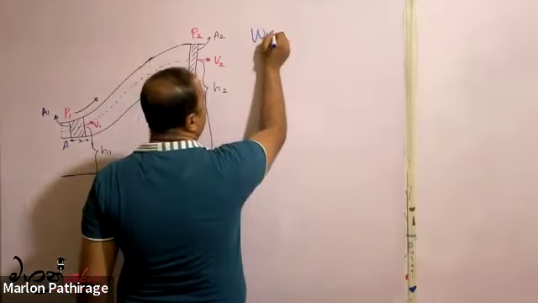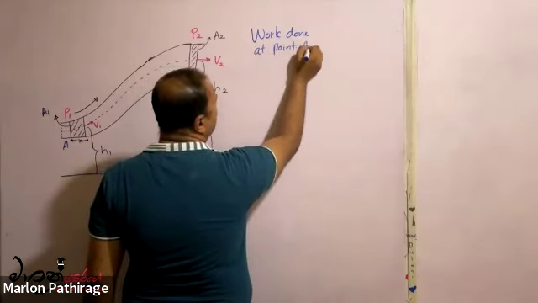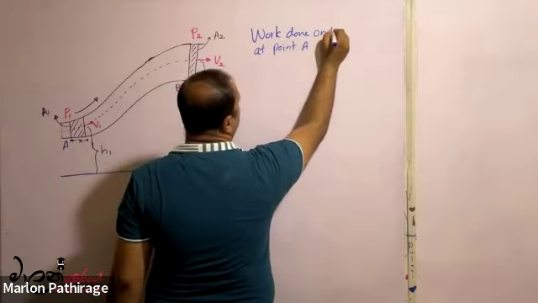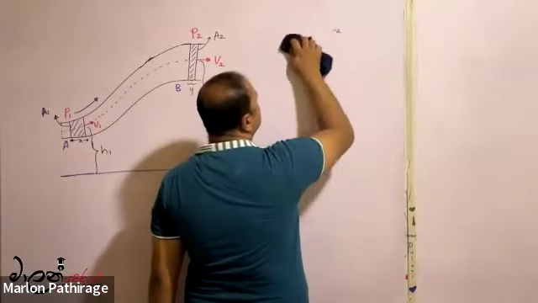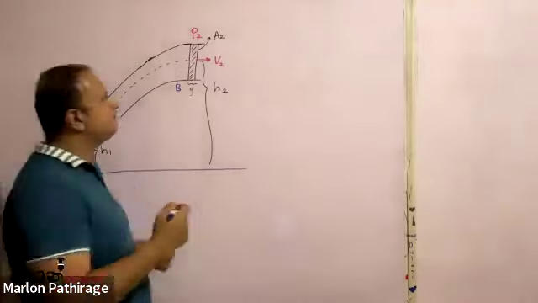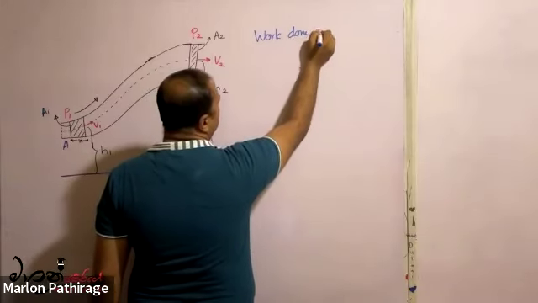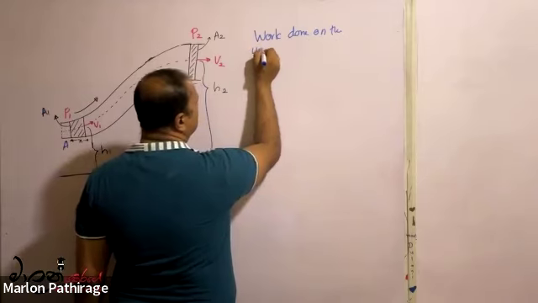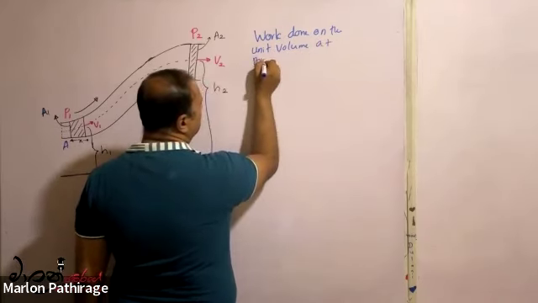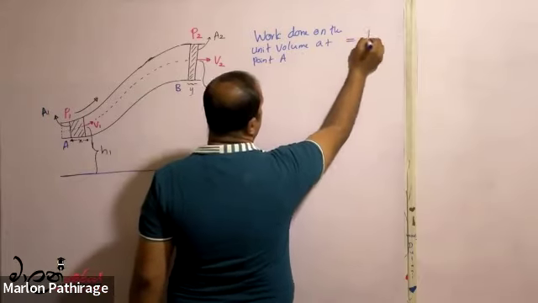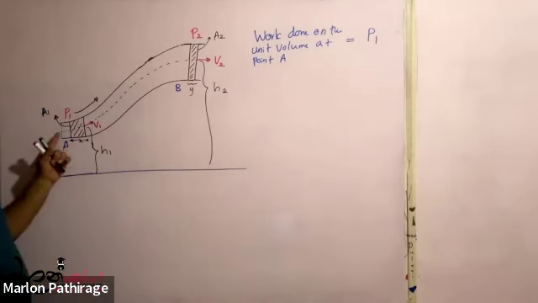Therefore, work done on the unit volume at point A is P1.